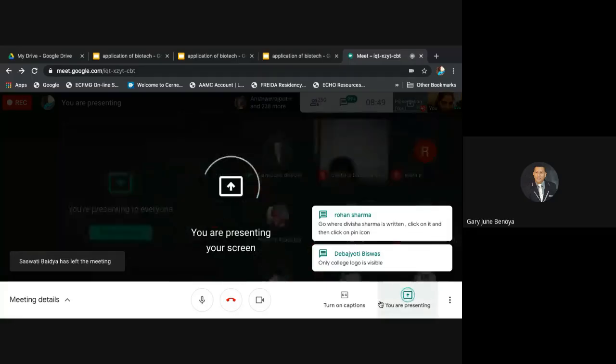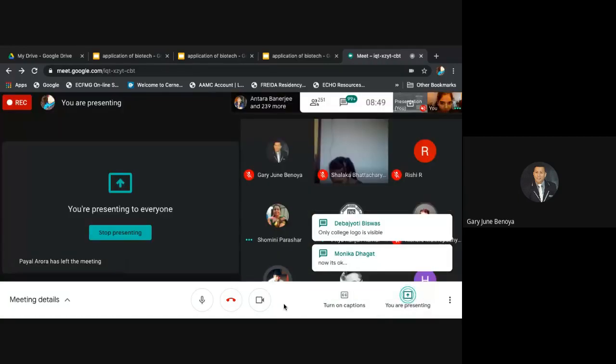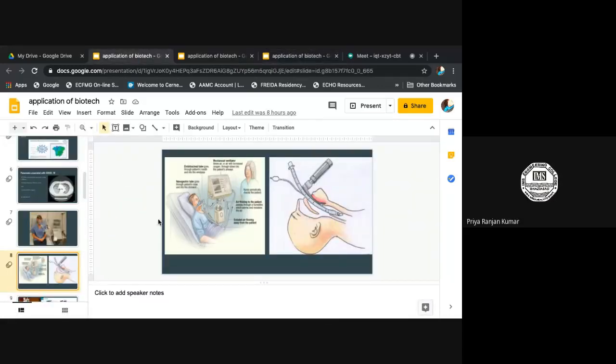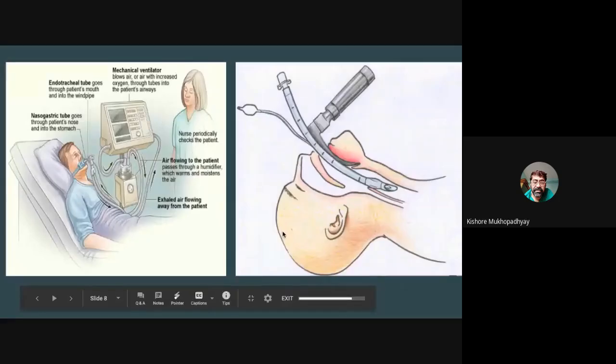There are two IDs with the same name, Divisha Sharma. Just try either. Click below, on the right side, present now. Yes, now I hope everyone can see. Now it is all right. Thank you, ma'am.